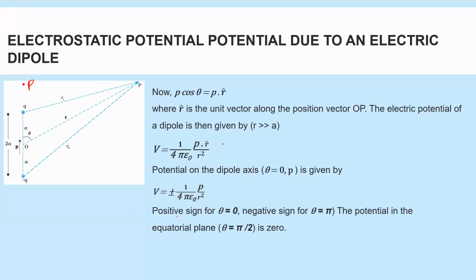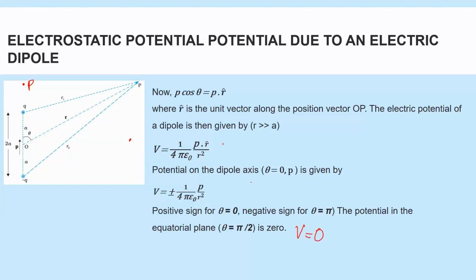This is going to be positive if theta is equal to 0 and negative if theta is equal to pi. If there is a point P in the equatorial plane, perpendicular to the dipole, then there is going to be no potential. If your theta is equal to pi by 2, your V is equal to 0.